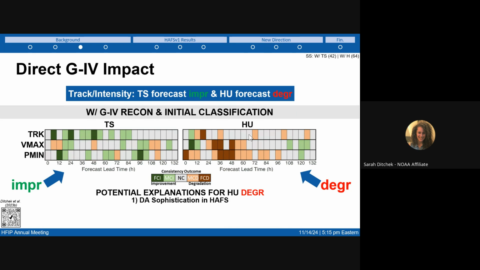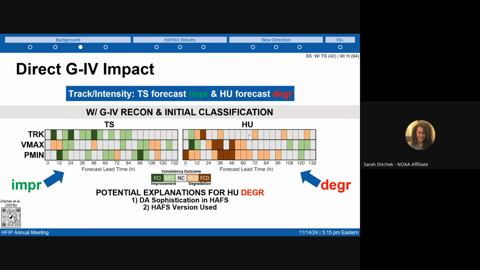Recent research found that the impact of recon on TC forecasts is strongly dependent on covariance choice. This project was using HAFS, which uses global covariances, so the forecast degradation found in hurricanes might be indicating a non-optimized DA system. We thought this could especially be true since the performance that we see in hurricanes here is emblematic of earlier results retrieved with HWRF before the cycled DA system was implemented.